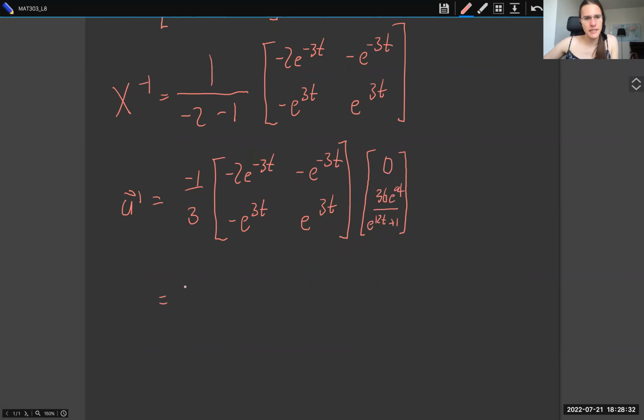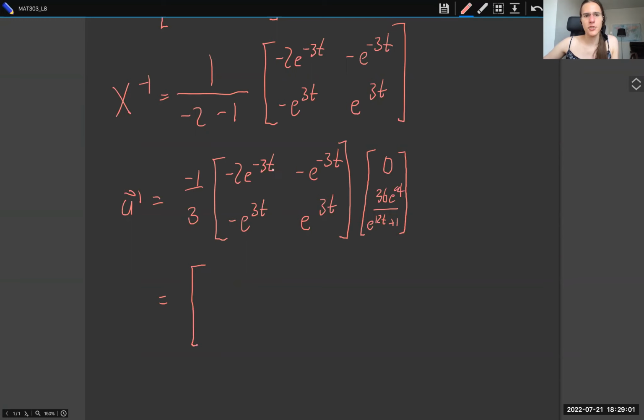And what that gives us is a -1/3. Now you sort of imagine this coming in here, right? And so what we're just going to get is this multiple of this column. So here we're going to get, well, let's actually keep the 1/3 already inside of here.